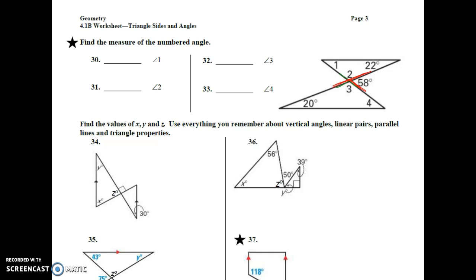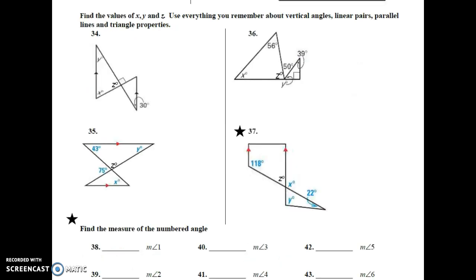And same with angle 2 and 58. They are also next to each other on a straight line. So no matter how you do it, you will get the same answer. And then again, you have 180 degrees in a triangle, or you could use the exterior angle theorem. Lots of options for you to try on that one. Be brave and just try to at least get one of the numbers.